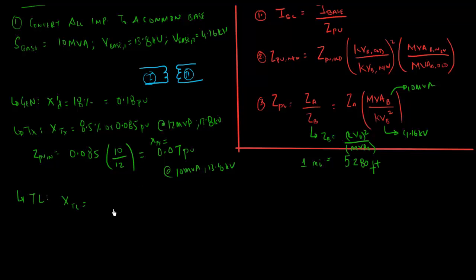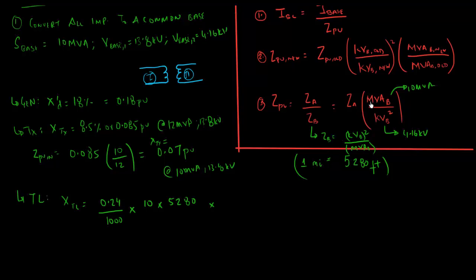First, let's look at the reactance of the transmission line, which is 0.24. So that's 0.24 ohms per 1,000 feet, and you have 10 miles times 5280 to convert the miles into feet and cancel the feet out. I hope that's clear. And so that's your Z actual in essence.